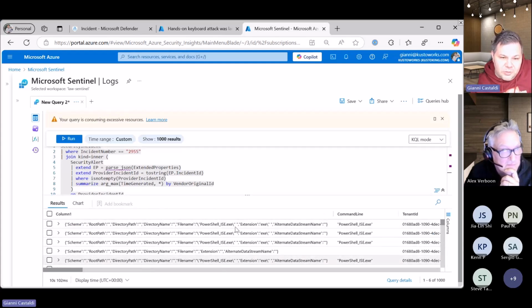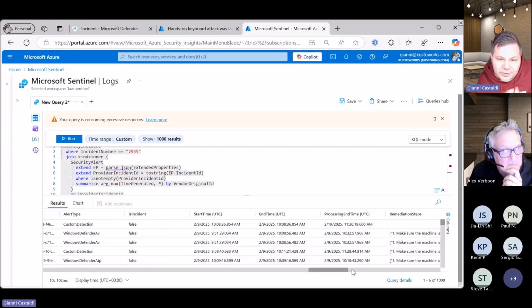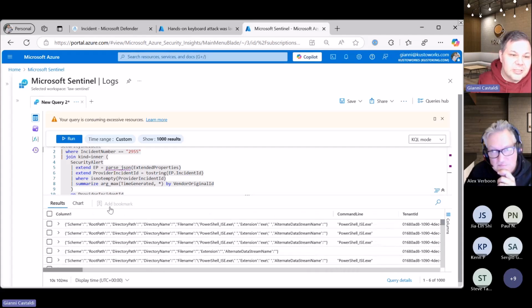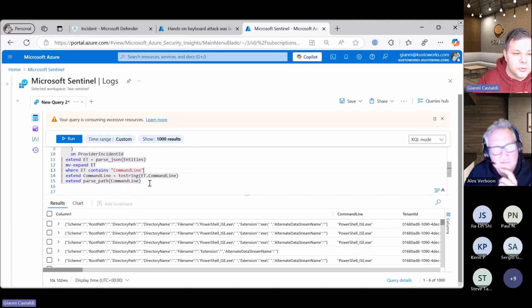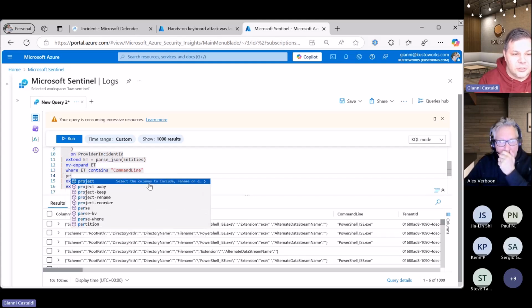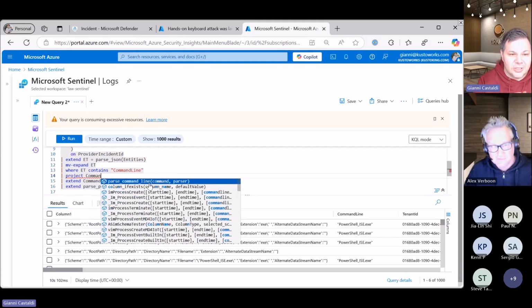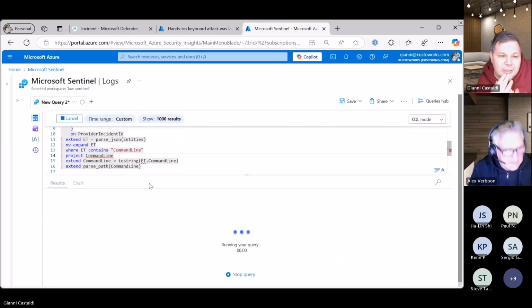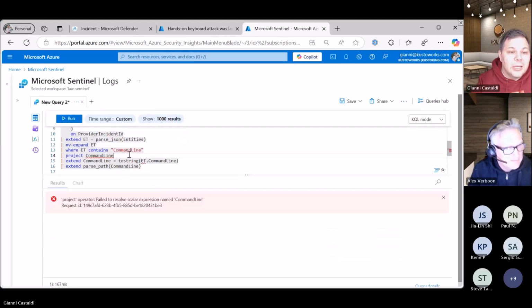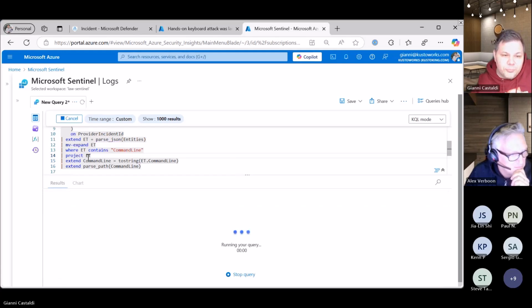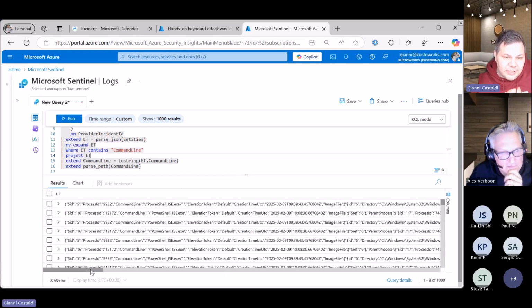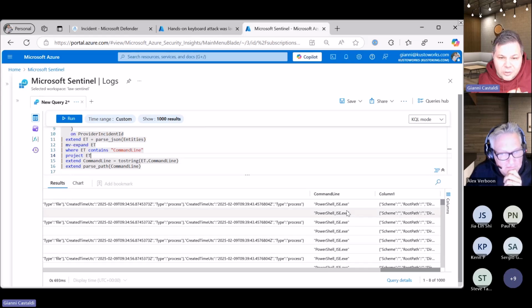You have the path because you might want to see which commands are there. To make it a bit easier to read, project the commands. Like this, we have the command line.